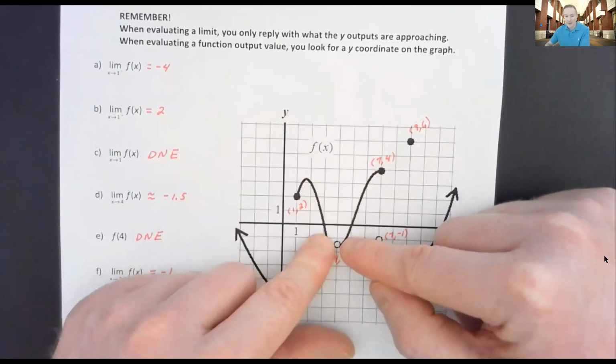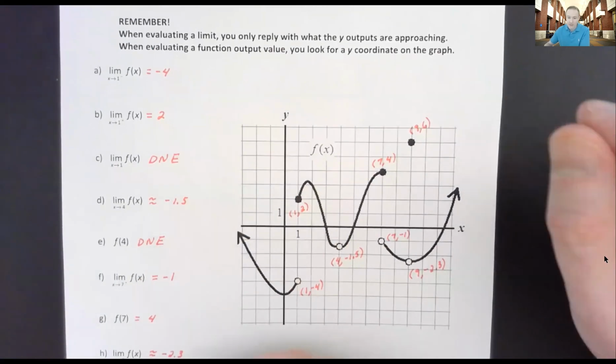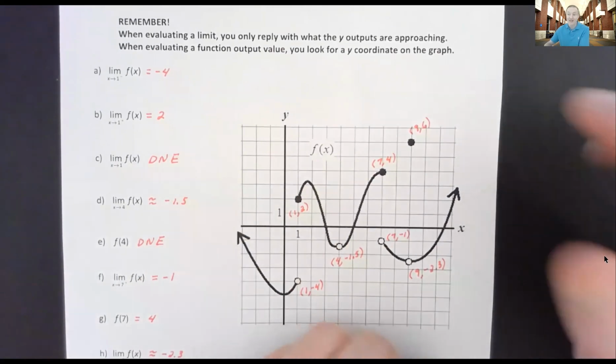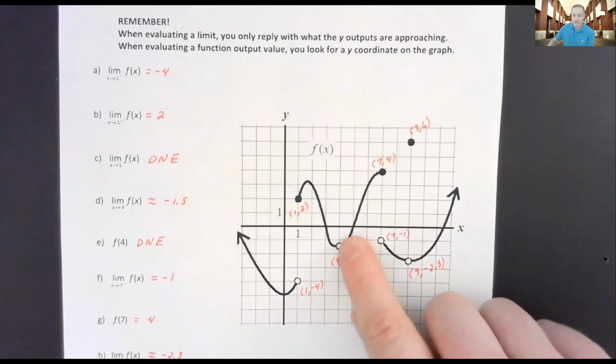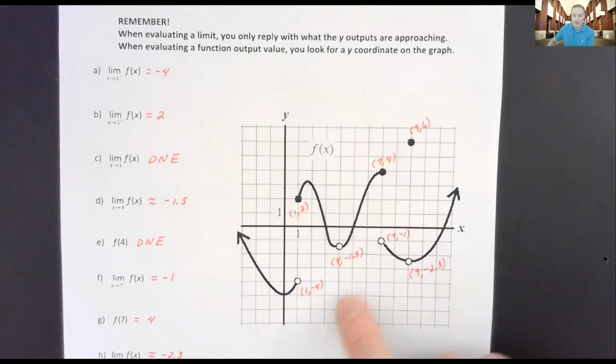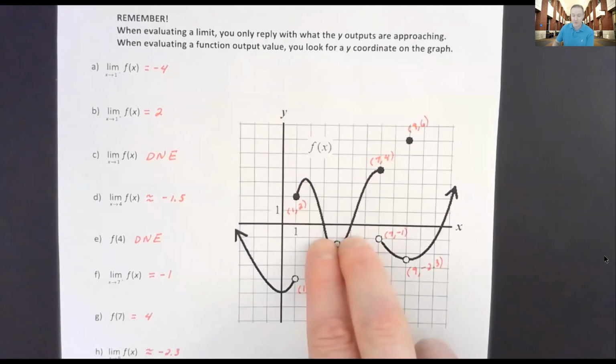Does it matter that f of 4 is undefined? No. Please remember, a limit's just caring about what happens as you near x equals 4, not what physically happens at 4. I could have defined f of 4 to be a point way down here or way up here. That doesn't affect the limit as x approaches 4 at all.